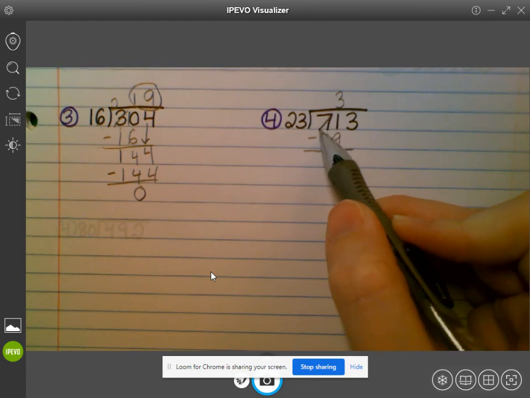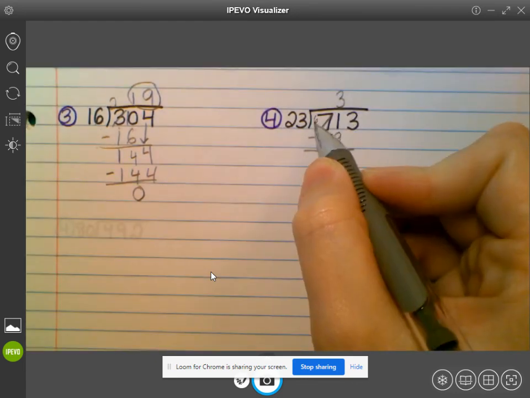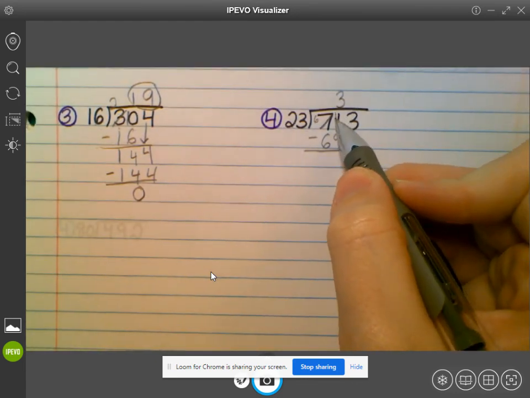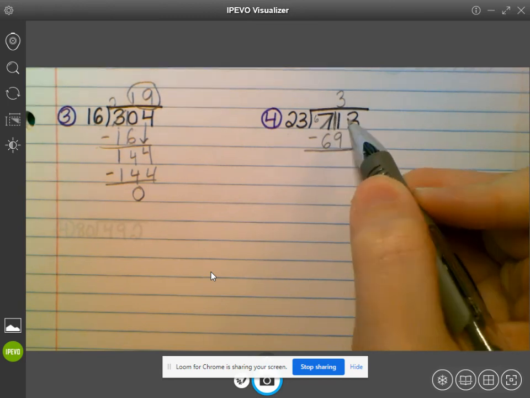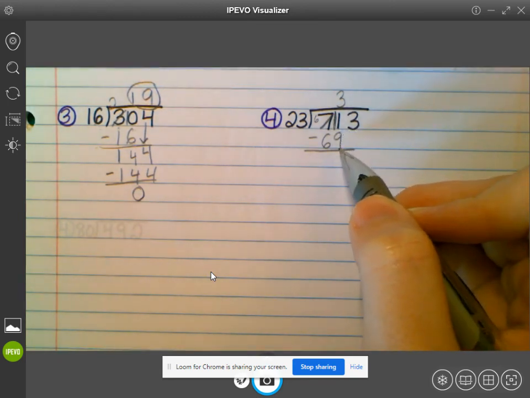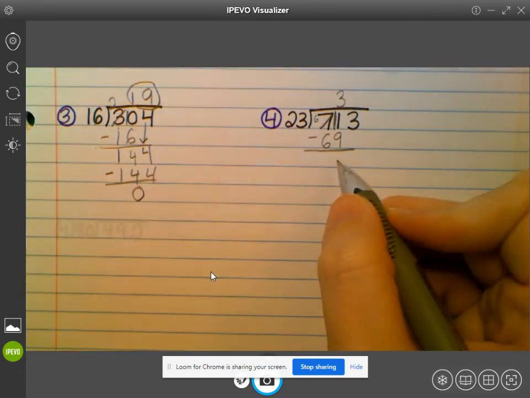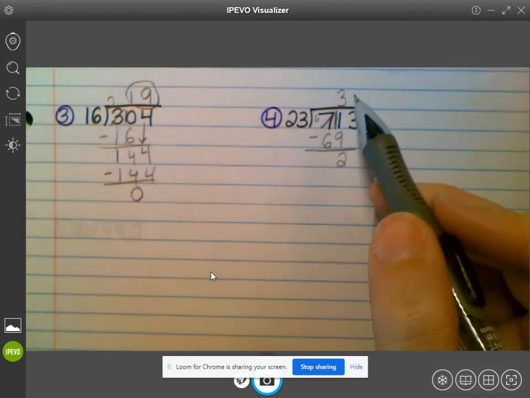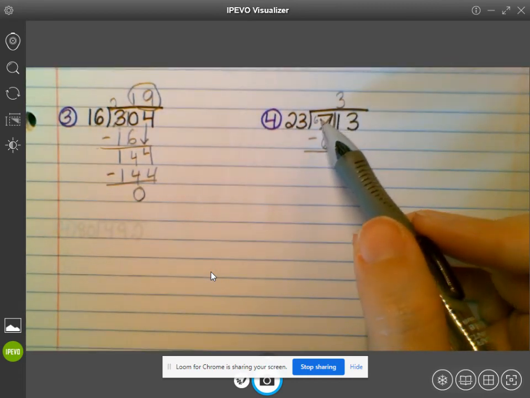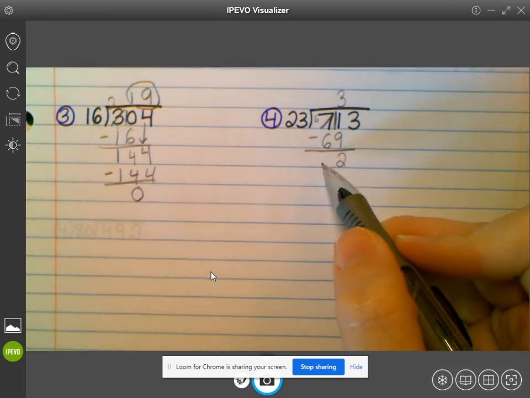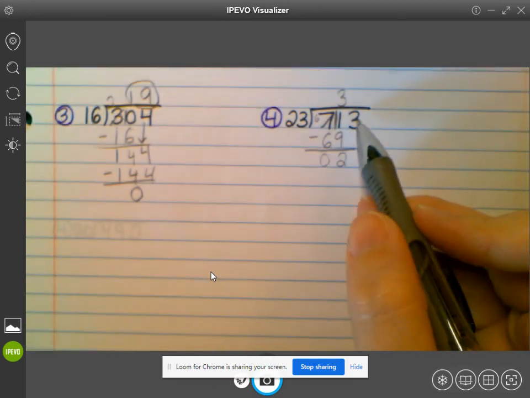So we cross out the 7. It becomes a 6. And then we put a 1 in front of the 1. So 11 minus 9 is 2. And then 6 minus 6 is 0. So there technically is a 0 there. Then we bring down our 3.